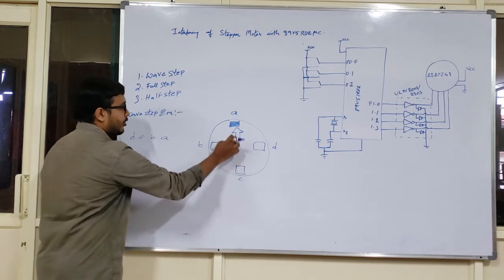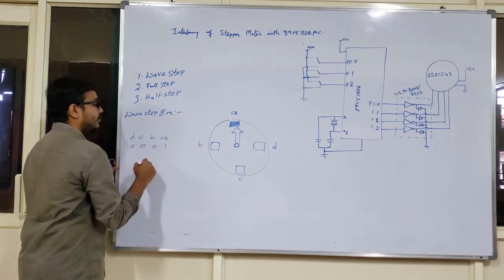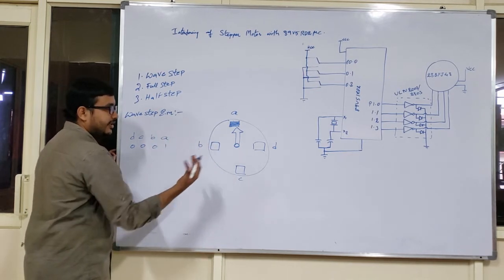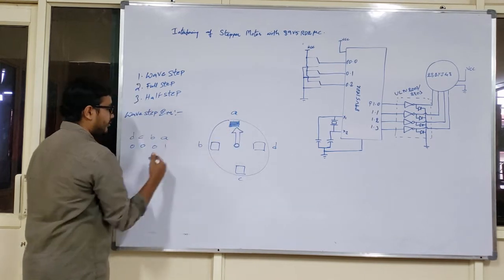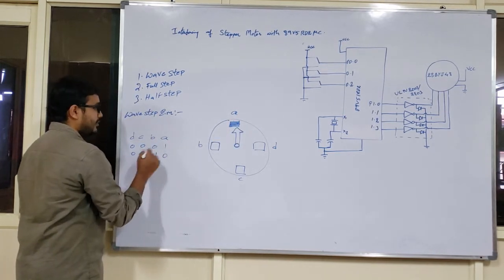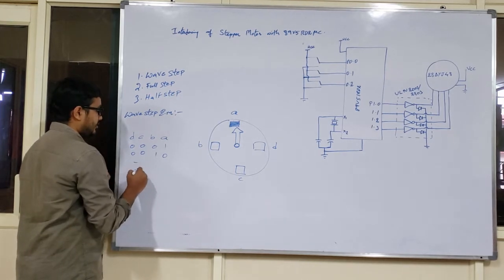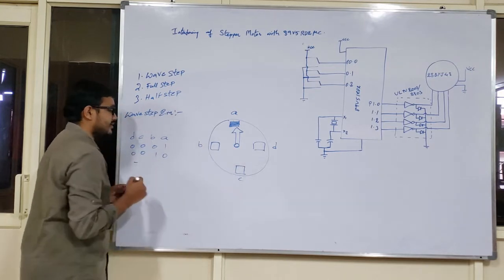Now the shaft is pointing towards phase A, that means phase A is getting energized. Now after receiving the next pulse, the shaft will move in the anti-clockwise direction. B phase will be getting energized and the remaining phases will be zeros. In this way it rotates, and this concept continues for the C phase as well as the D phase.